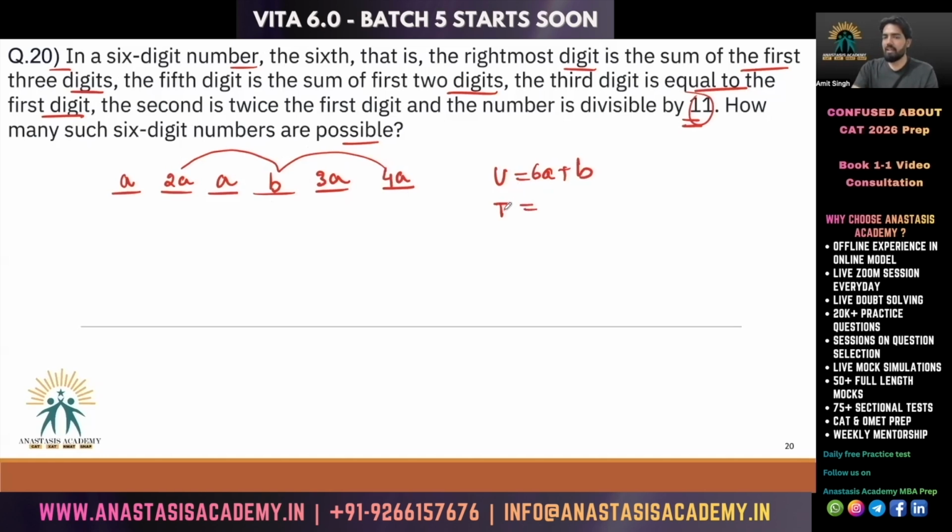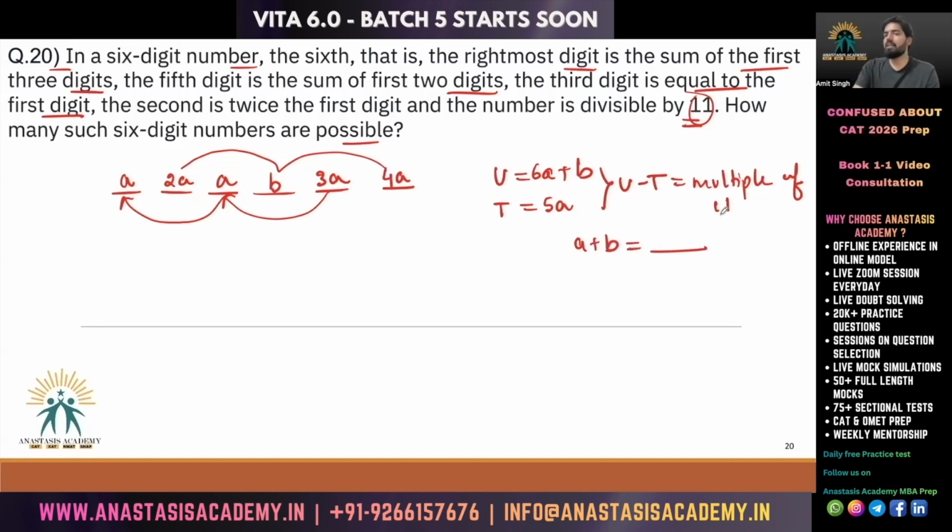And if you take the alternating sum of digits starting from the tens digit, that is 3a, a and a, that would be 5a. If you take this difference, for this number to be divisible by 11, this difference has to be a multiple of 11, right? I'm getting u minus t as a plus b, and I need this to be a multiple of 11.